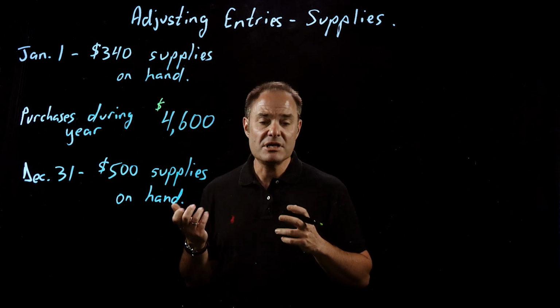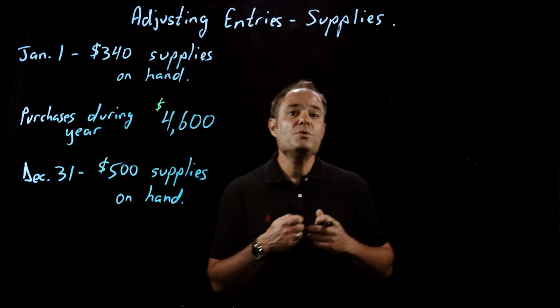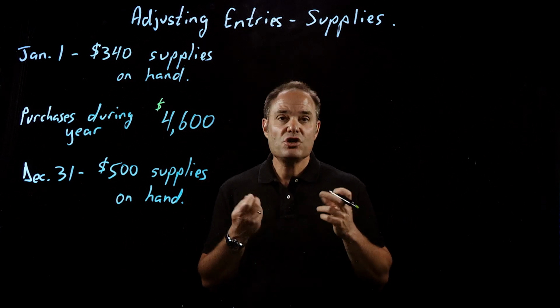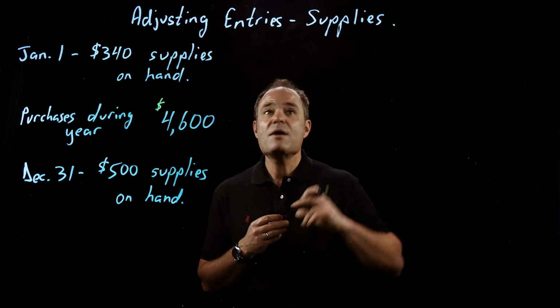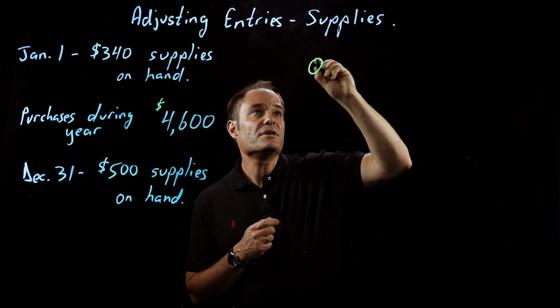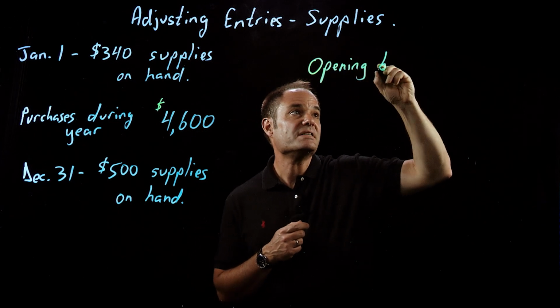So the question now is, how much did they actually use during the year? To do that, we do a fairly simple calculation called a flow calculation. We're going to start with the opening balance in our supplies account.